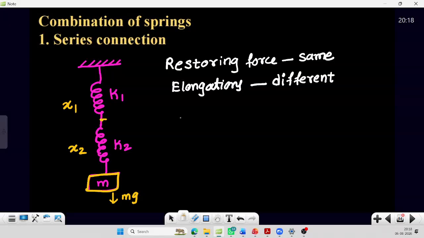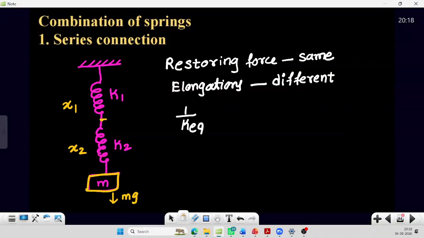Now, the overall equivalent spring constant in this combination. Here we have taken two springs, and the whole thing we can replace with one spring only.